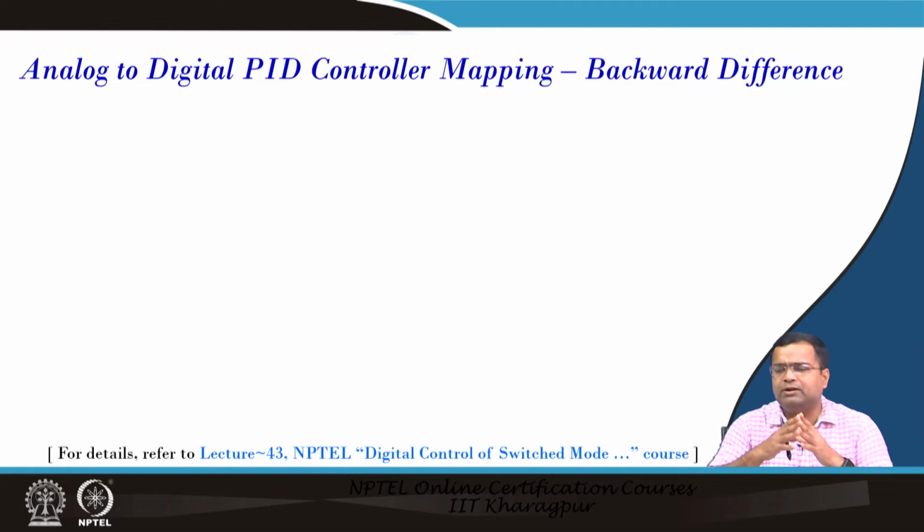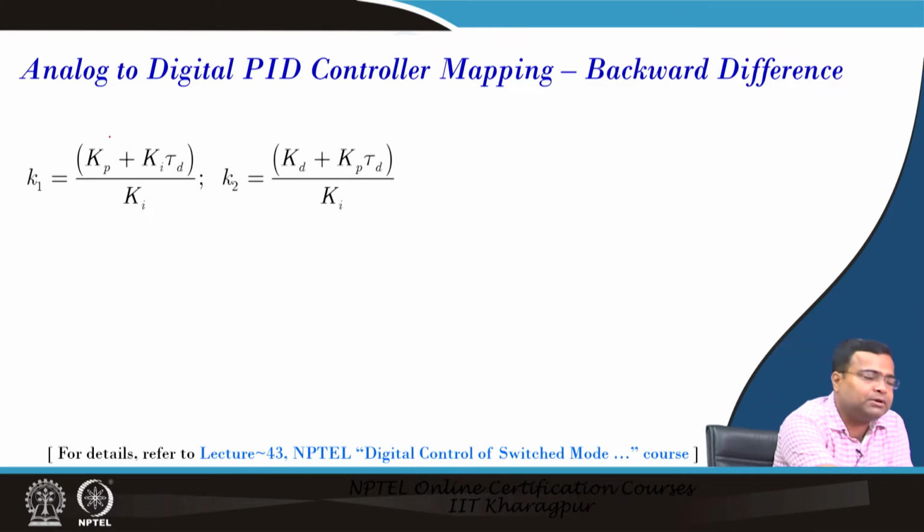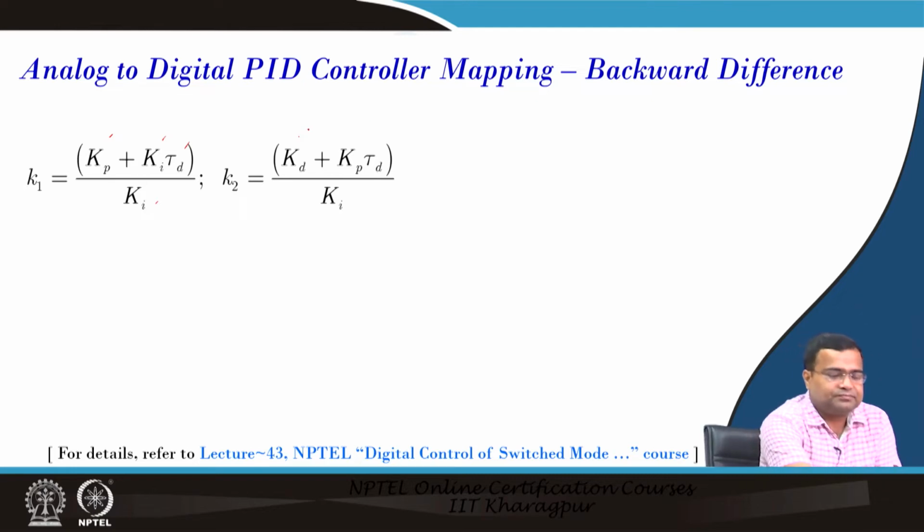Now, we want to do analog to digital PID controller mapping by means of the backward difference formula. We have already discussed that K1, K2 are the numerator polynomial coefficients of the practical PID controller, and they can be written in terms of Kp, Ki, tau d and Kd.